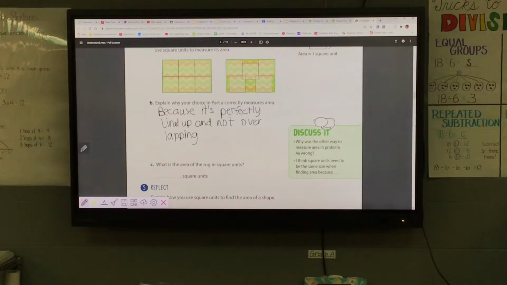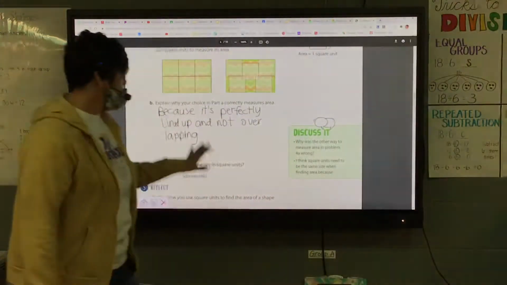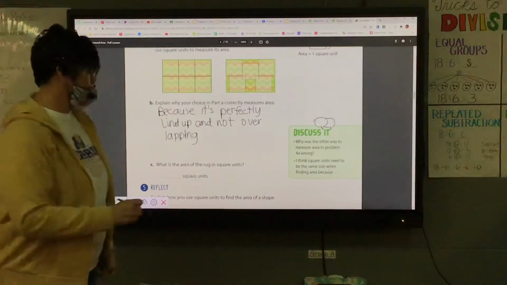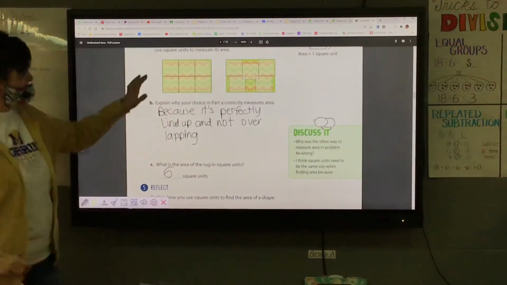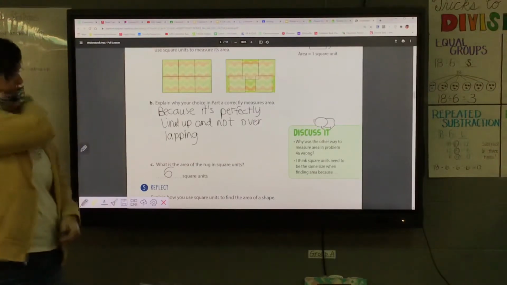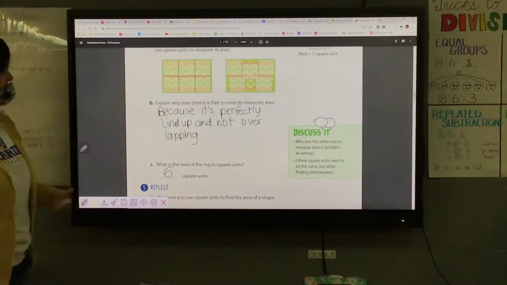Natalia's still trying to figure it out. She's taking her socks and shoes off. Just kidding, she's not either. All right, what is the square units of this rug then, everyone? 6. You're correct. 1, 2, 3, 4, 5, 6. Good job. Give yourself a pat on the back. You're so smart. You're already figuring area using square units out.